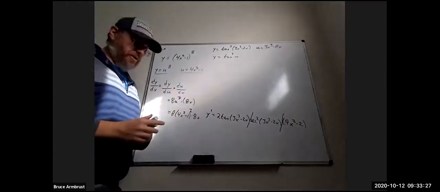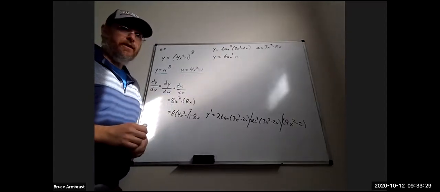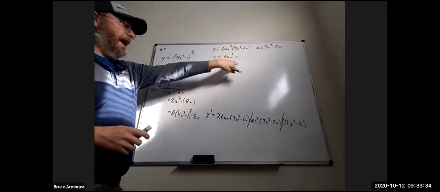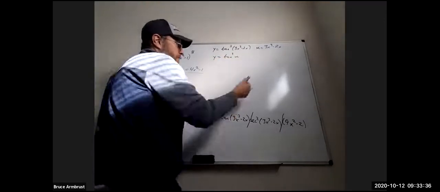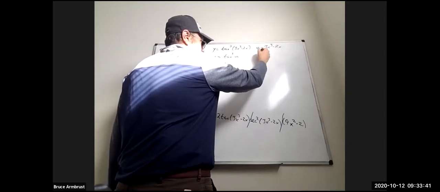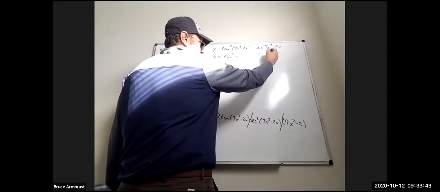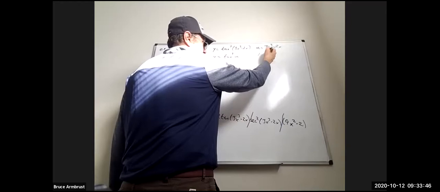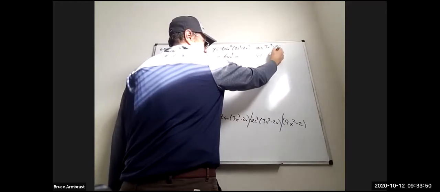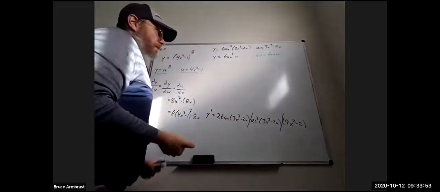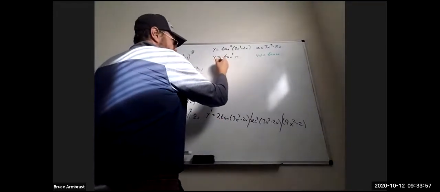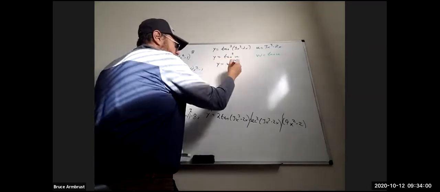Now, tangent squared u is not quite good enough for me to differentiate, because I don't have a rule for that. So I need to do another substitution. So let me call this one, we'll call it w, we'll let w equal tangent of u. So if I let w equal tangent of u, then this guy looks like w squared.